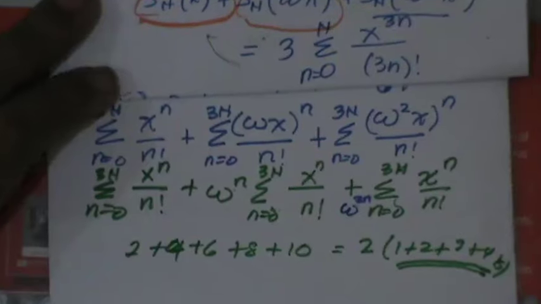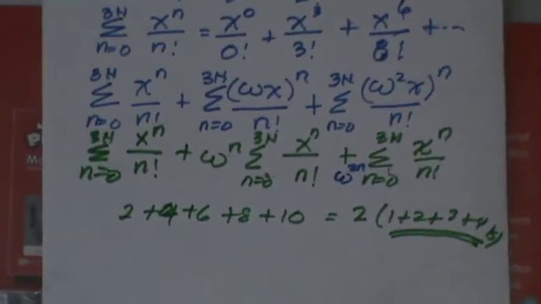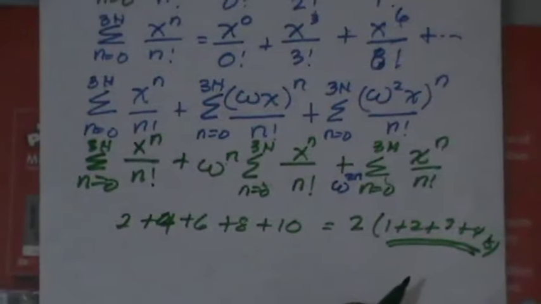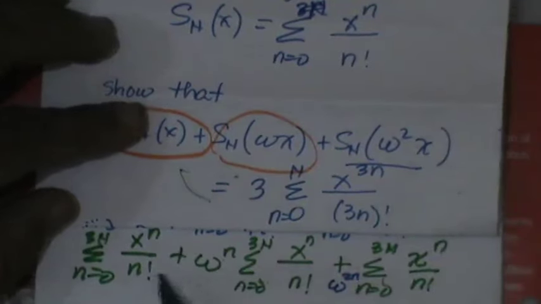Alright? Now, again, don't just relax there. It's about to finish. So what do we want to show? What I want to show is that this expression, this series, is equal to that.